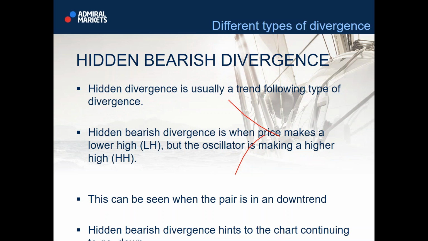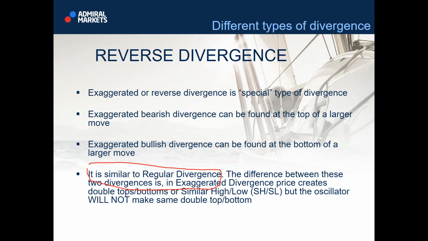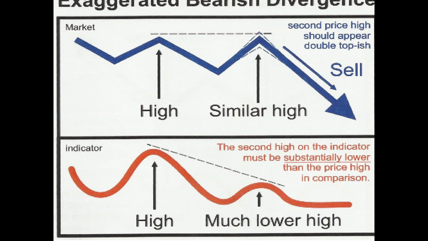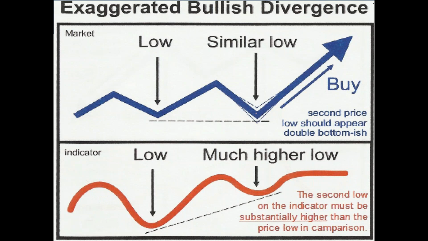Hidden bearish. Reverse or exaggerated divergence. This is bearish exaggerated, reverse bullish.